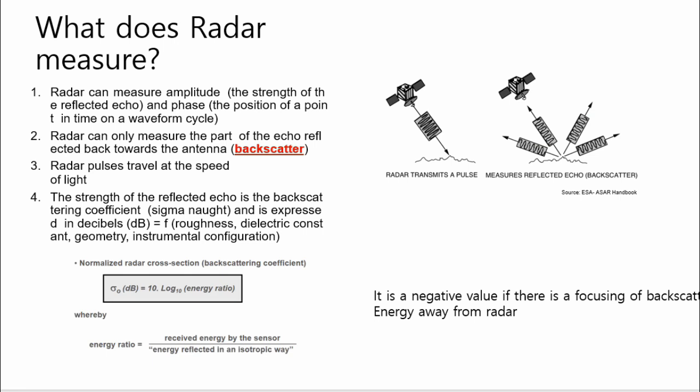So what does it measure? I just mentioned the terminology of backscatter, right? In this slide, we're going to look at what that is. A radar can measure amplitude. Amplitude means the strength of the echo reflected back from the target.